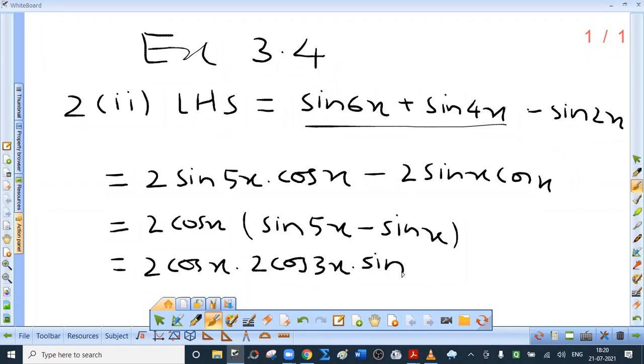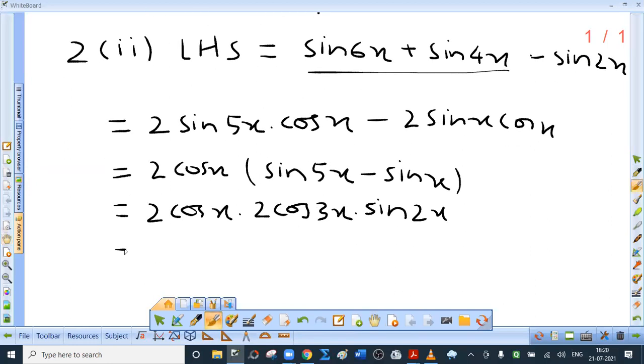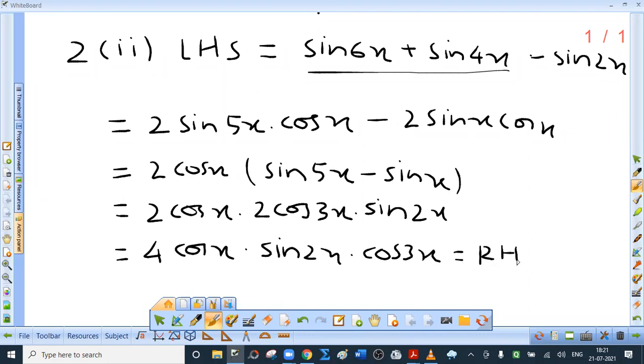So 5x minus x, 4x upon 2, that is sine 2x. I hope you are getting this. Is this the required expression? Yes, it is. 4 cos x into, we just rearrange the terms, sine 2x into cos 3x. So this is nothing but right hand side.